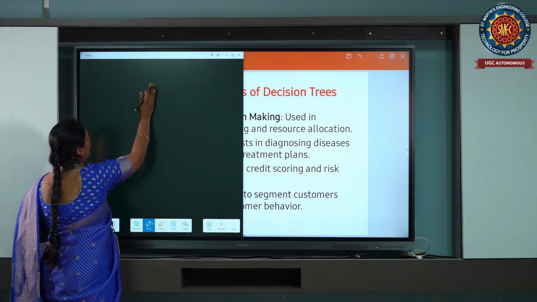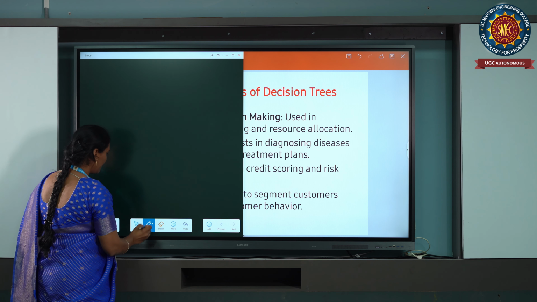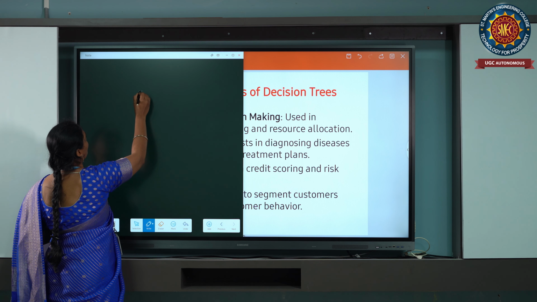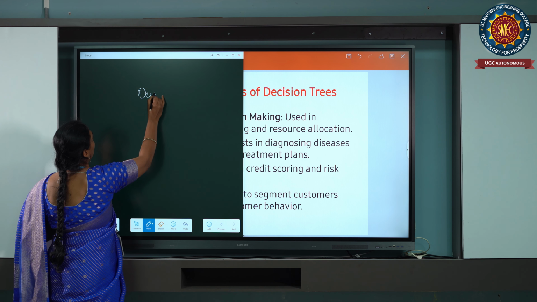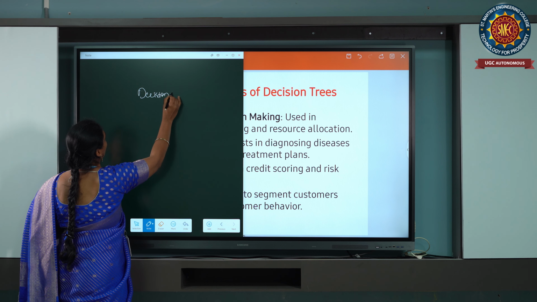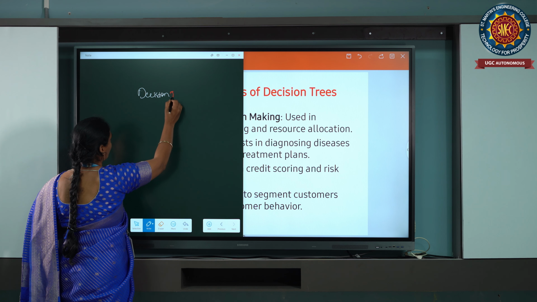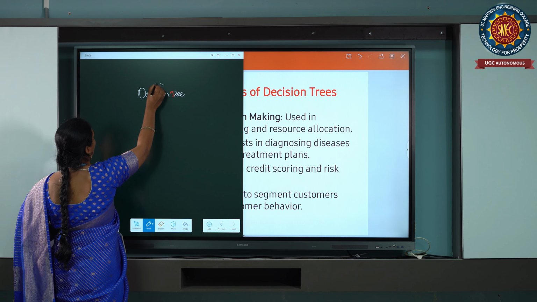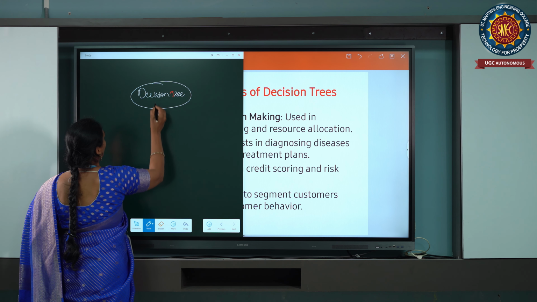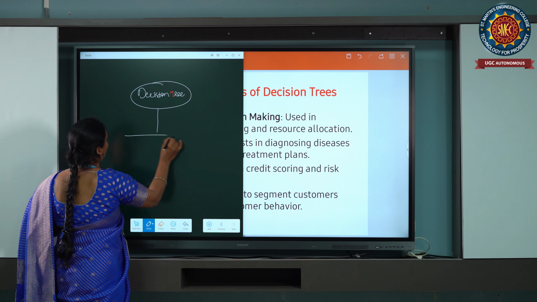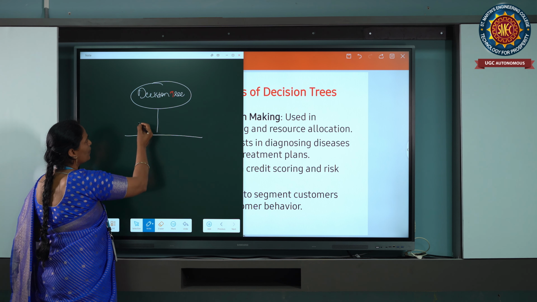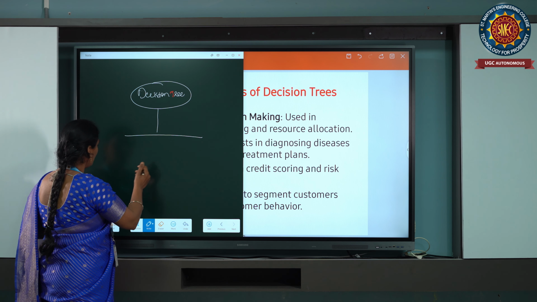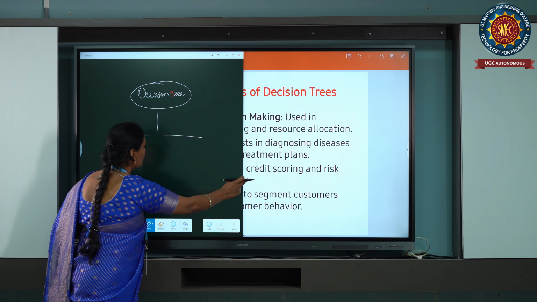So finally we will get a tree structure there. First of all we got the decision tree, it will divide into some branches based on these values.